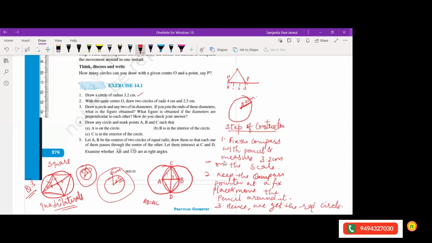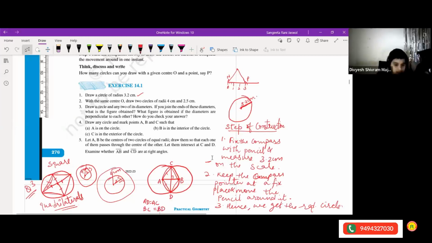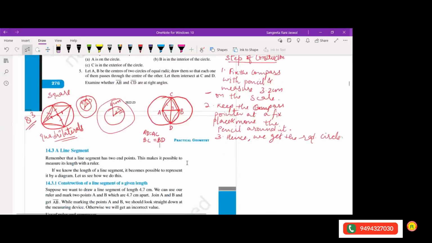And BC is equal to BD, they are both radii of the same circle.